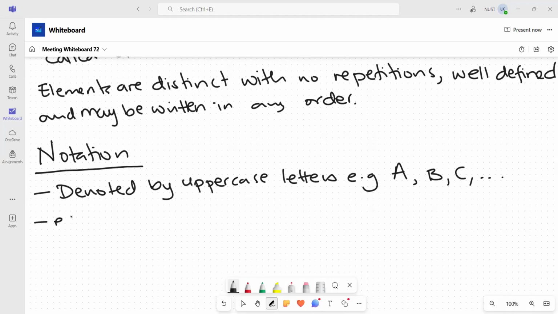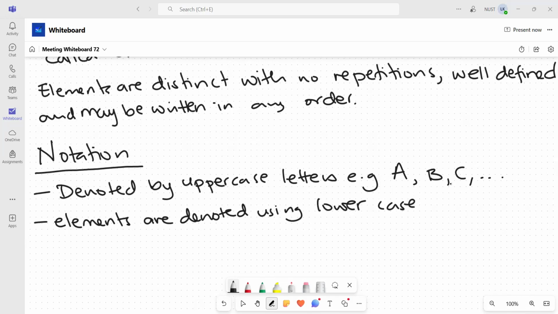And then the elements are usually denoted using lowercase of the same letter as the set. For example, a, b and c. So the set is uppercase A, and the individual elements, we represent them with a lowercase.